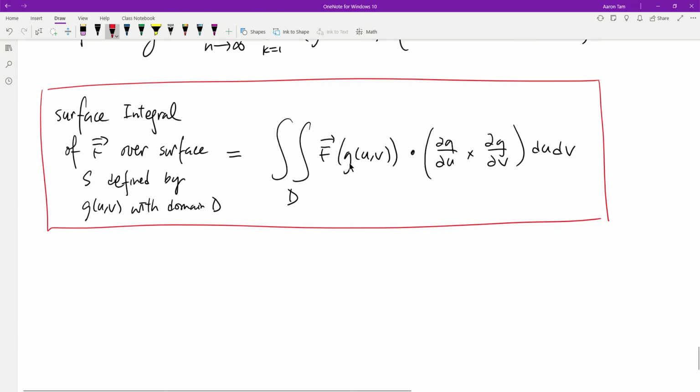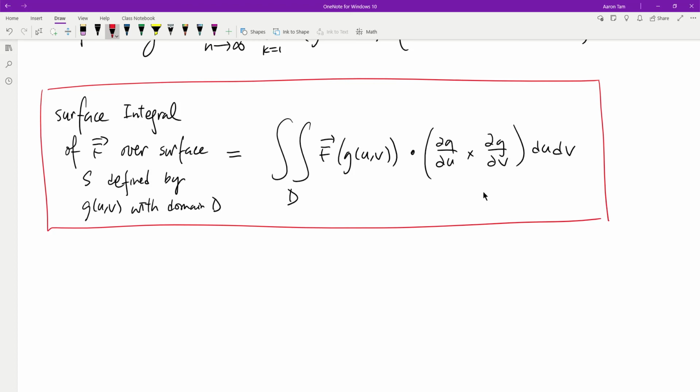This is usually how we calculate a surface integral using the parameterization g. And this results in a double Riemann integral. That makes sense because the domain of g is uv, which is two-dimensional, so it requires two integrations. That's why this is a double integral.